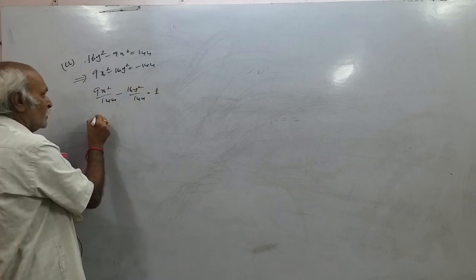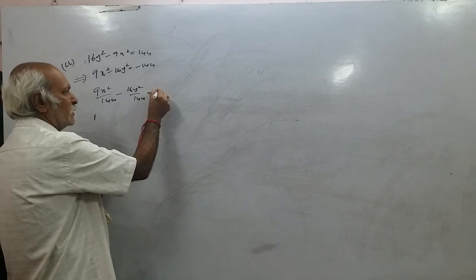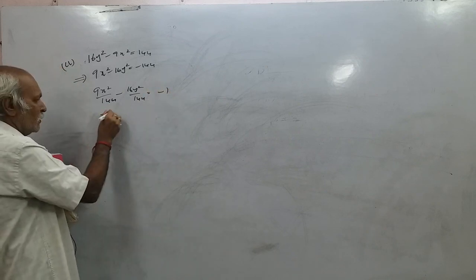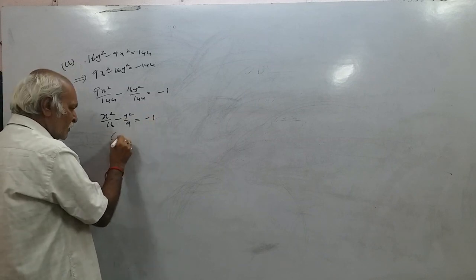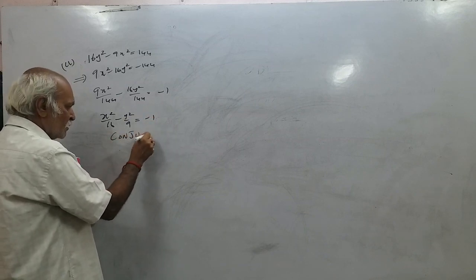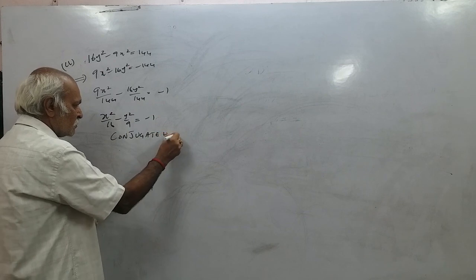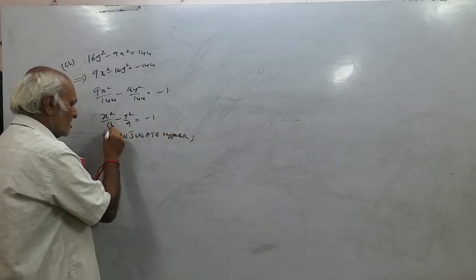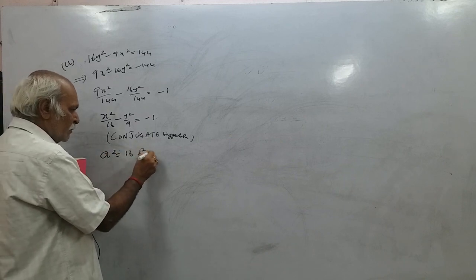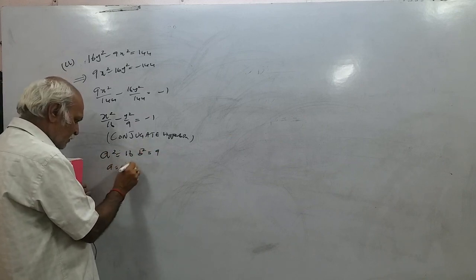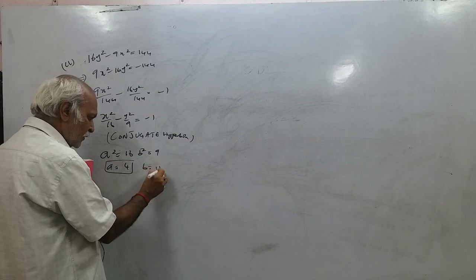Is equal to minus 1, sorry. So x square by 16 minus y square by 9 is equal to minus 1. So this is a conjugate hyperbola. So a square is equal to 16, b square is equal to 9, a is equal to 4, b is equal to 3.